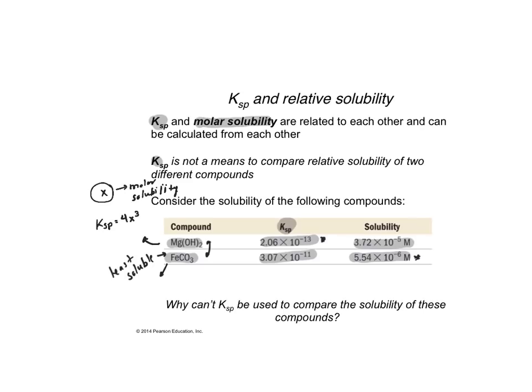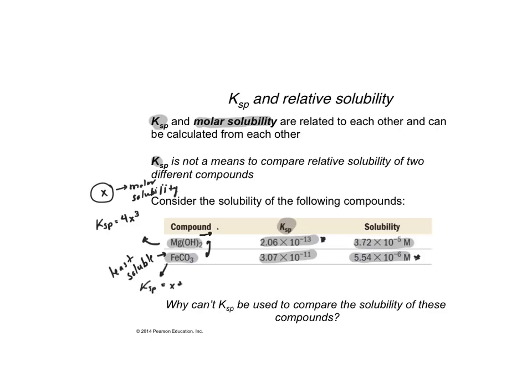Whereas for something like iron carbonate, this breaks down in a 1-to-1 fashion, so the equilibrium constant expression would end up just being x squared, right? So the reason why we can't use KSP as a measure of solubility between these two compounds is because their reaction stoichiometry is different, right?